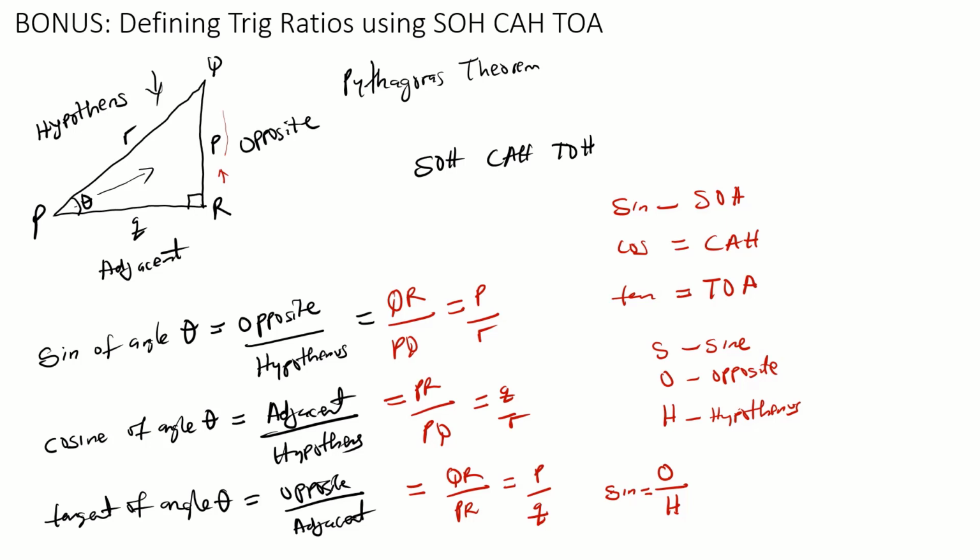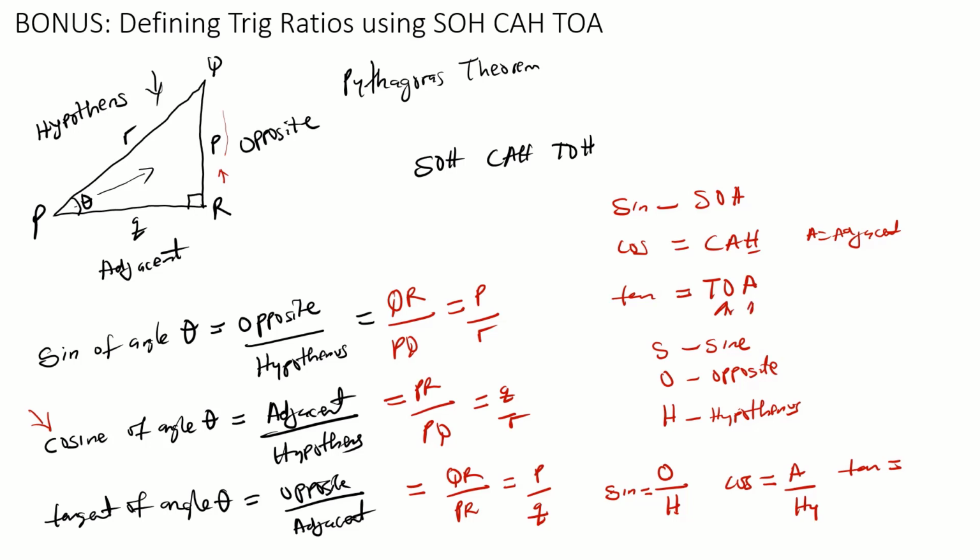The same thing with cos. The A is adjacent, and the H still remains the hypotenuse. So the cos is adjacent over hypotenuse, just like what we have here. And the tan is the TOA, which is opposite over adjacent.